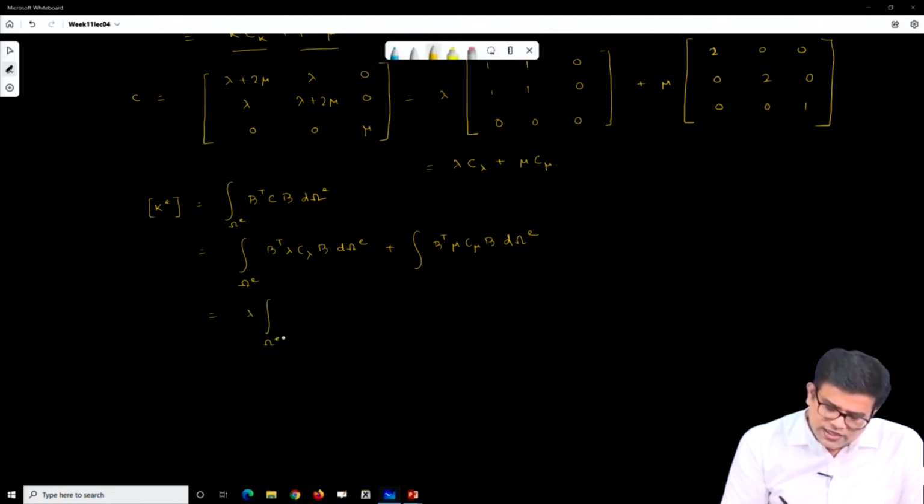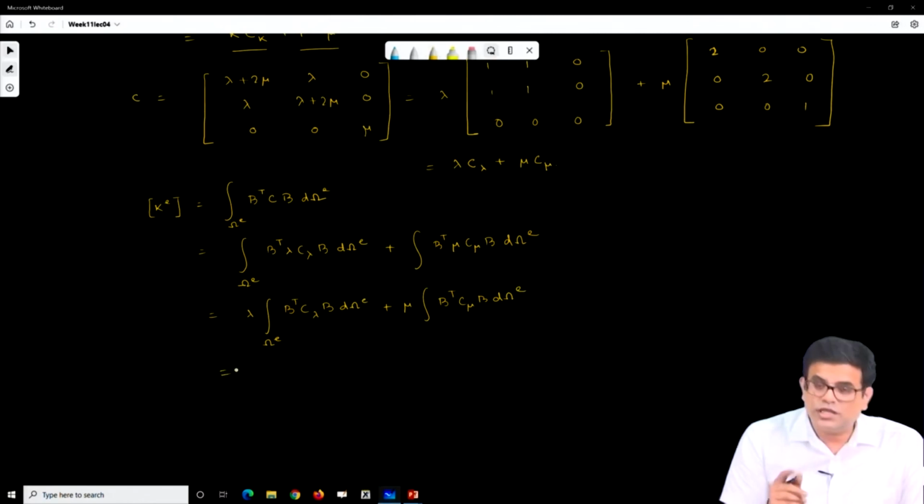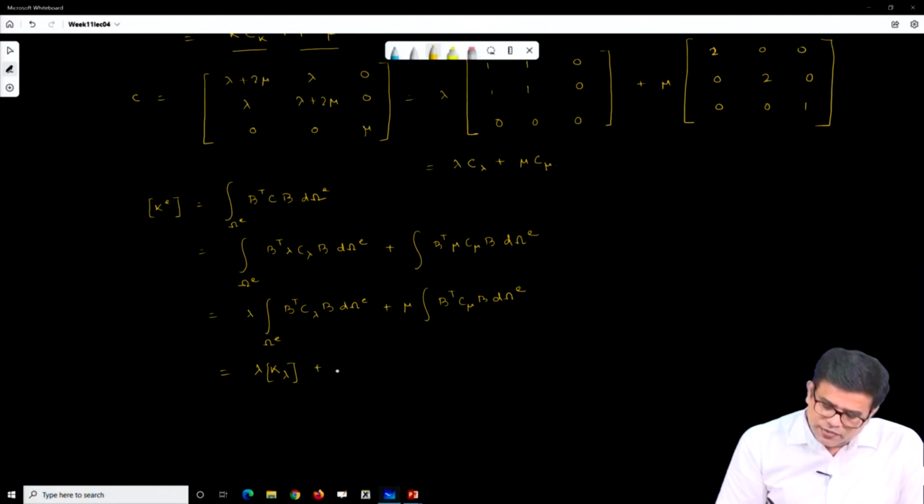So this gives me two components of the stiffness matrix: one is lambda K lambda, and another is mu K mu.